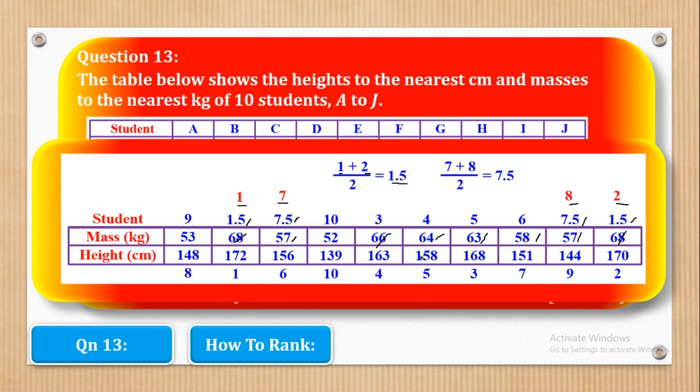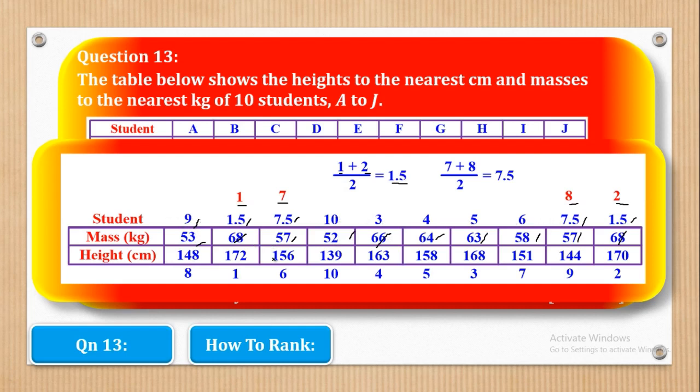Now after 57, we go to 53. Now 53 takes rank 9 because 7 and 8 have been taken. After this, the next one will be 52, which is 10. So we have finished the rank for mass.